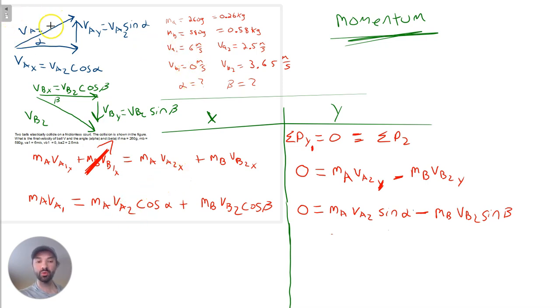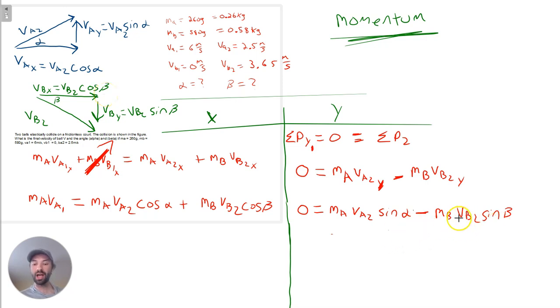We know the actual speed, that resultant velocity right there, and that at that angle alpha and that angle beta. We just don't know those angles. So I replaced them. Instead of saying VA2x, I said VA2 times cosine of alpha. Instead of saying VB2x, I said VB2 cosine of beta. So I resolved that resultant total velocity vector into its components in the x and y direction.